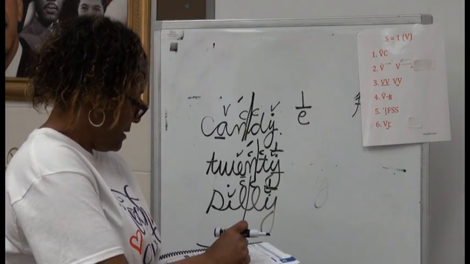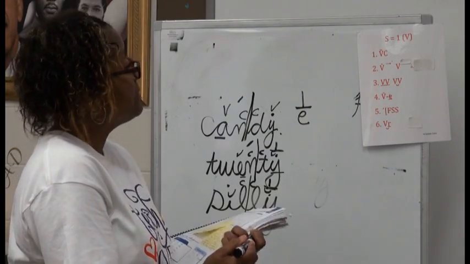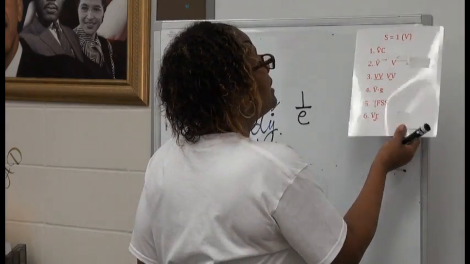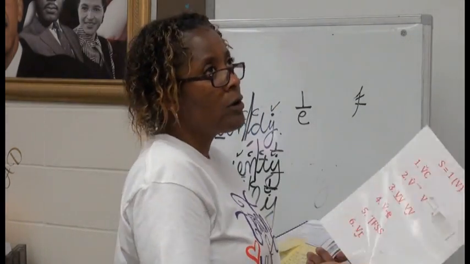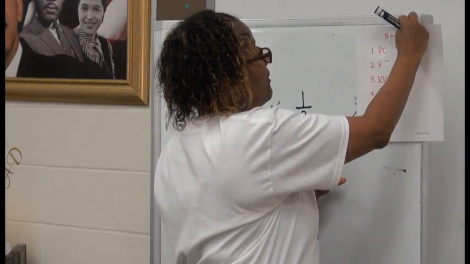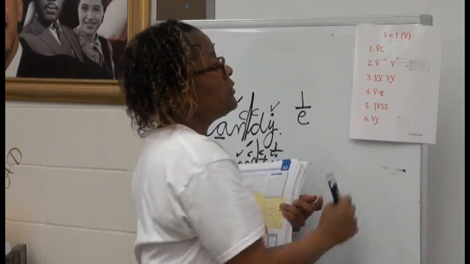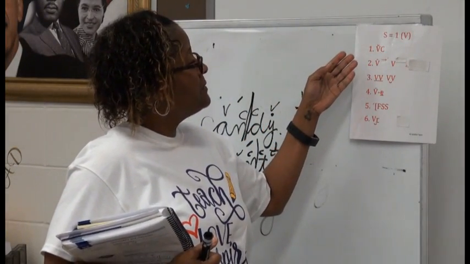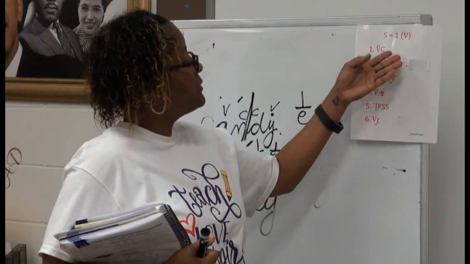let me go over that again. Remember, a syllable is a word or part of a word with one vowel sound. When you have a vowel followed by a consonant, it's short, so you code it with a breve.